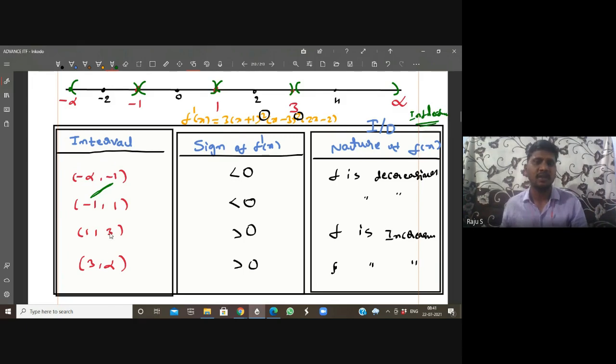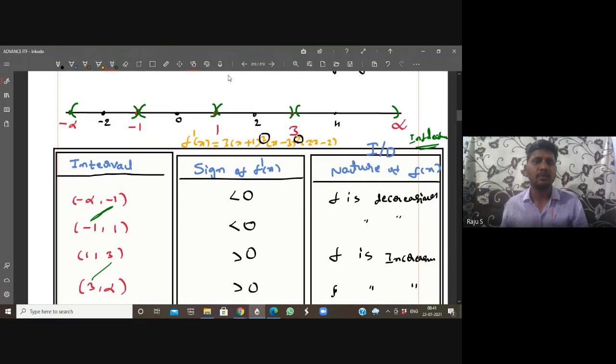Here 3 is also called point of inflection. So finally what do we conclude here? In which interval is it increasing or decreasing? Increasing means simply you can give this symbol. Sorry, not increasing, that is decreasing, first two intervals. Decreasing, decreasing, and next two intervals it is increasing. Okay.